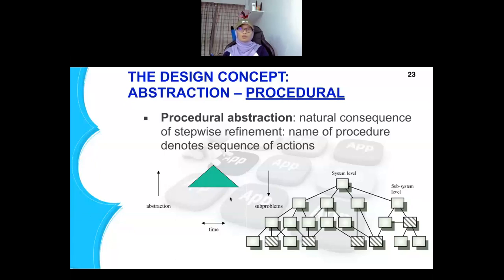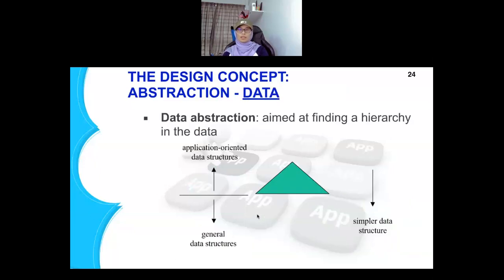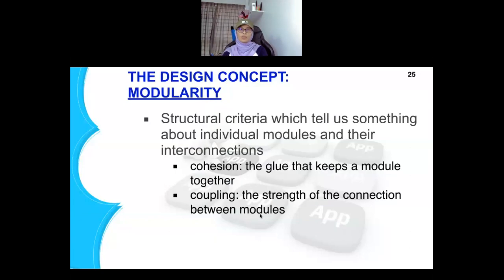You visualize the procedure: the system level, the sub level, what they can do, how long it takes. Data abstraction aims at finding a hierarchy in the data, from complicated data to more general or simpler.